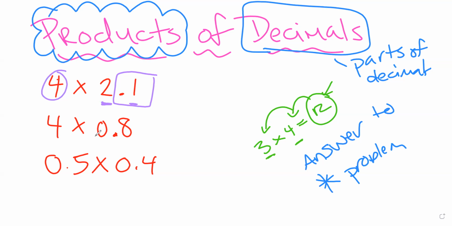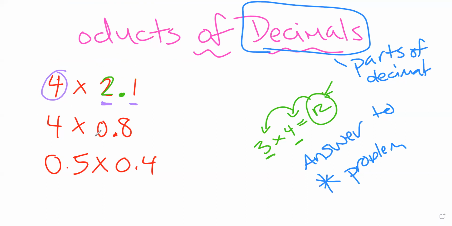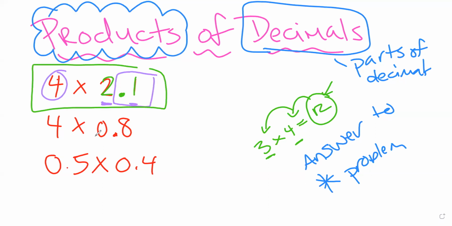What happens over here is a little interesting, because if we have something like this, this is 2 and 1/10. We're talking about multiplying 4 wholes times 2 wholes and 1/10.